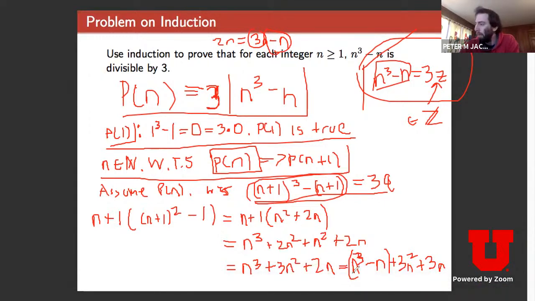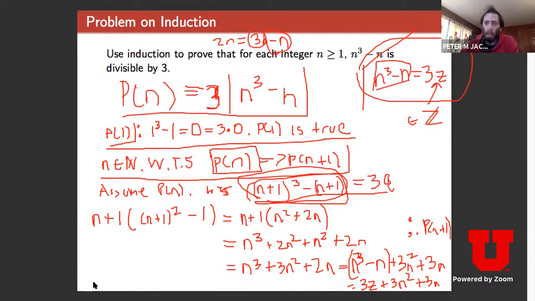Now we're going to use the inductive hypothesis to write this as 3z plus 3n squared plus 3n, and then we factor out the 3. Then we argue that z plus n squared plus n is an integer because integers are closed under multiplication and addition. And so this expression is divisible by 3. So we conclude that P of n plus 1 is true.